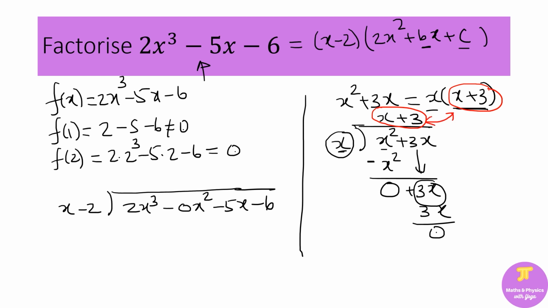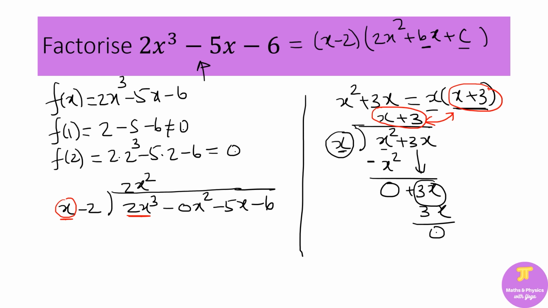A similar approach is what we are going to use for this one, but here it's a little bit different because we have x minus 2. What we do is always focus on the first term. How many times does x go into 2x cubed? 2x squared times.